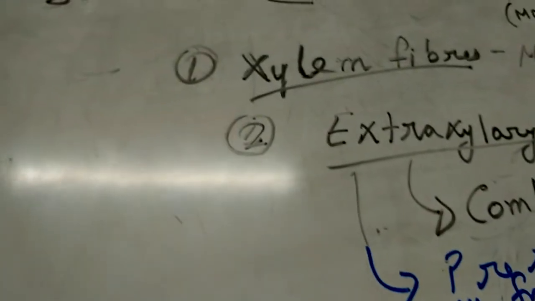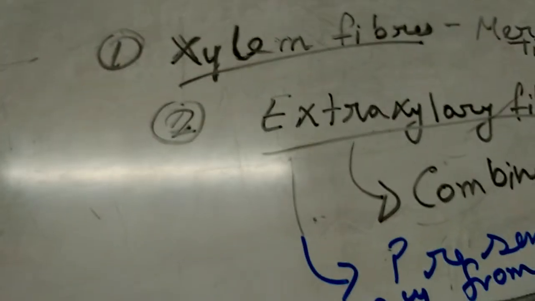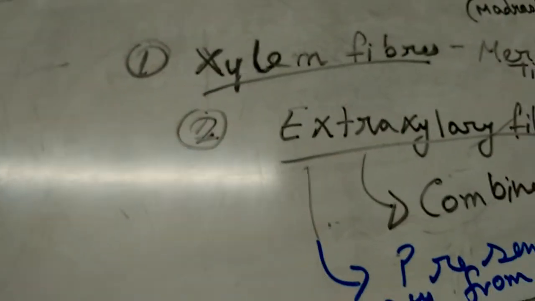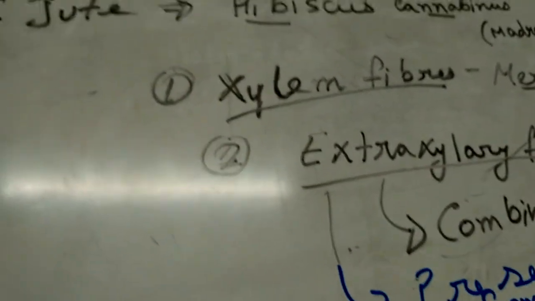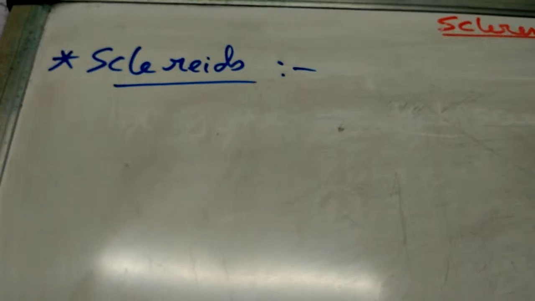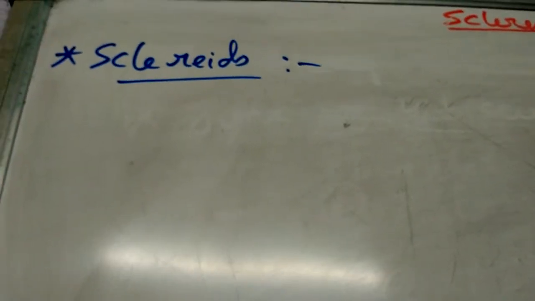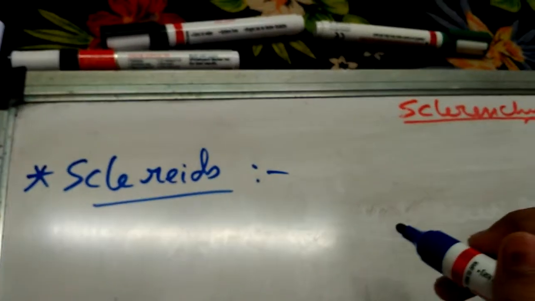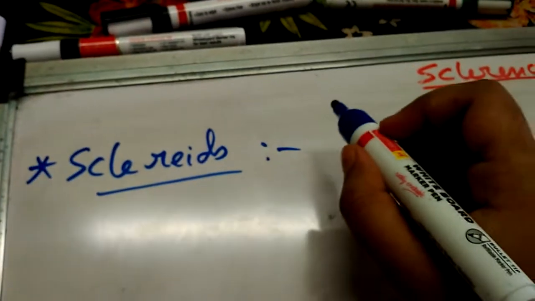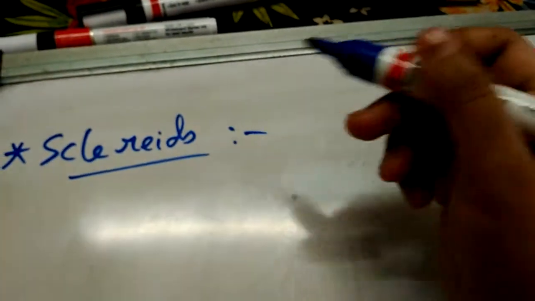Now the second type of sclerenchyma is commonly known as sclerids. Sclerids are widely distributed in the plant body. Their presence is very high, it is abundant.